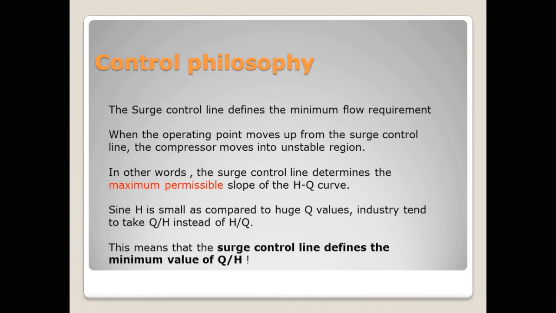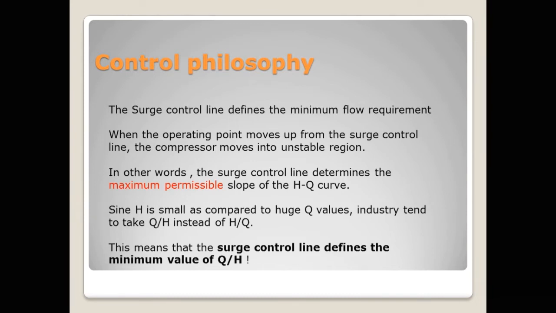So the surge line defines the maximum slope of the h by q line. Now h is the head, which is a small number, q is a huge number, the volume of the gas compressed. So when we take h by q, the surge line defines the maximum value of head by q.